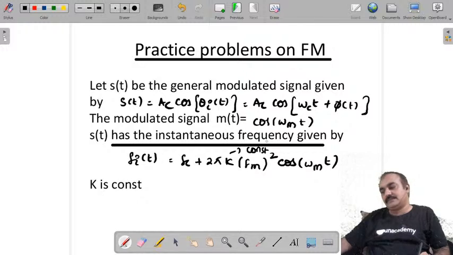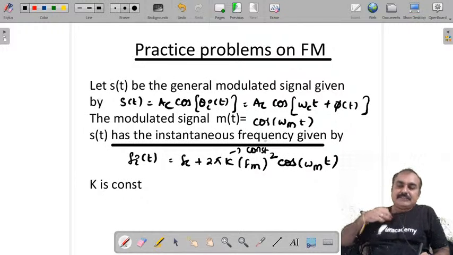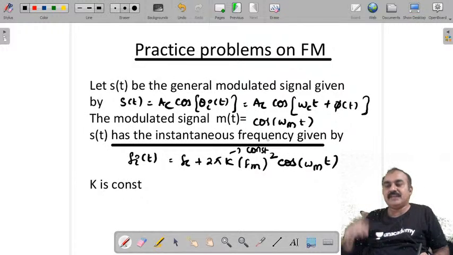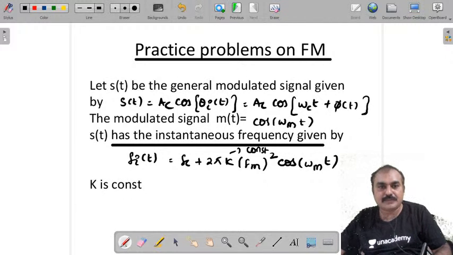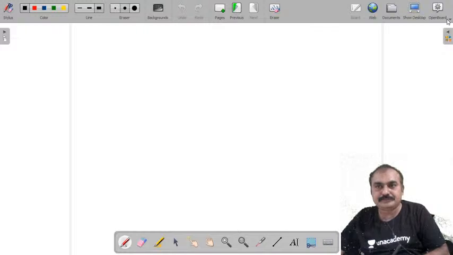Now he has given the 4 options. Very very important.